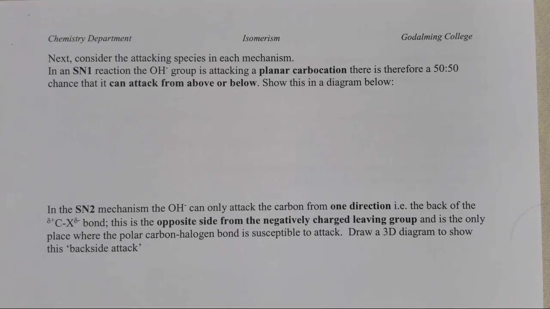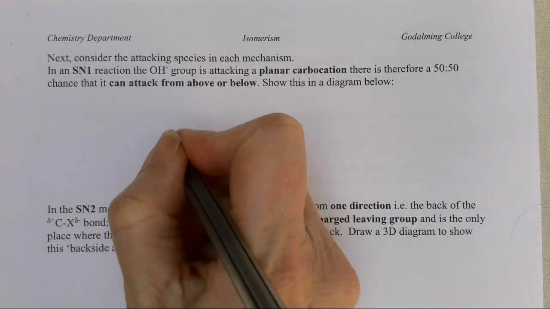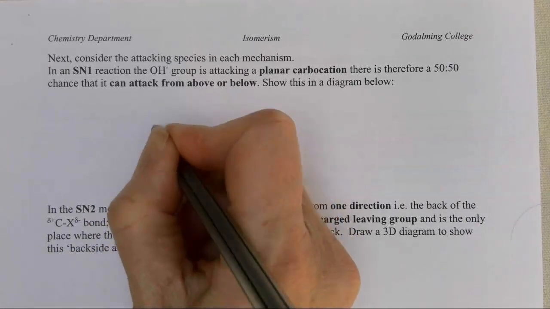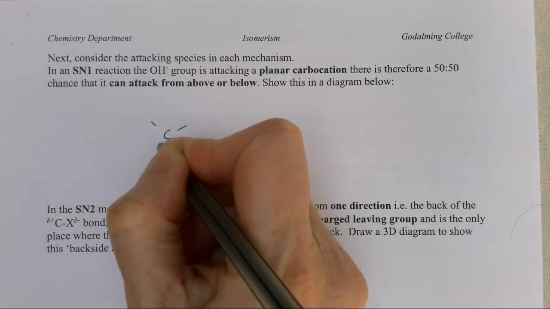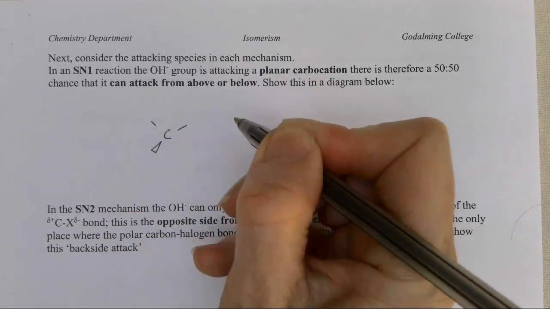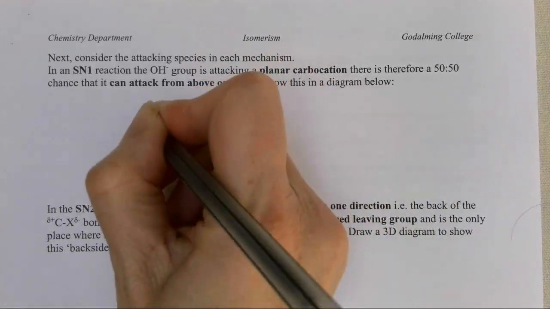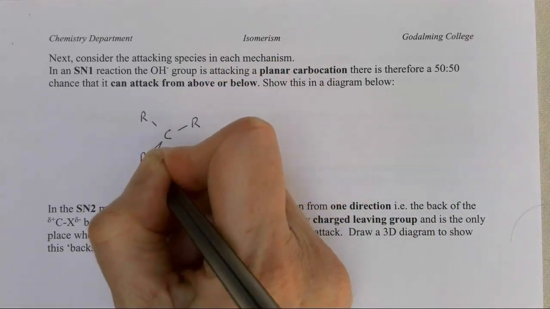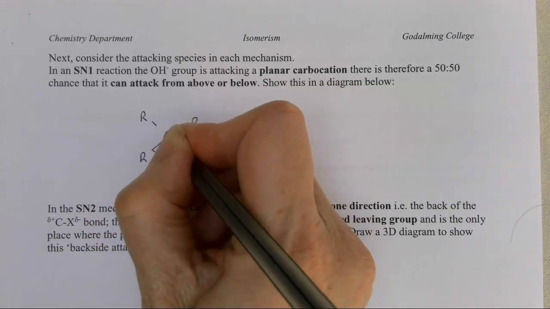So in an SN1 mechanism, we have our planar carbocation. So I'm going to try and draw it planar. Okay, not the easiest thing, but anyway. So I've got my R groups here, and this is planar. In other words, it's flat.